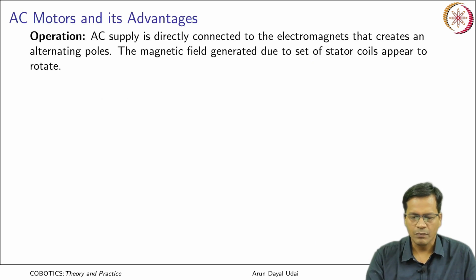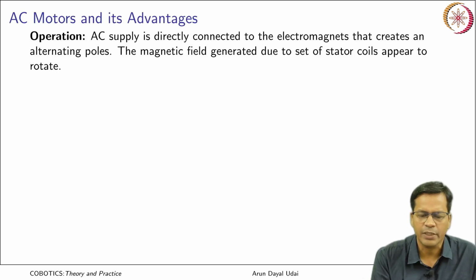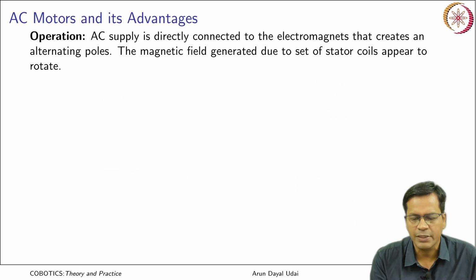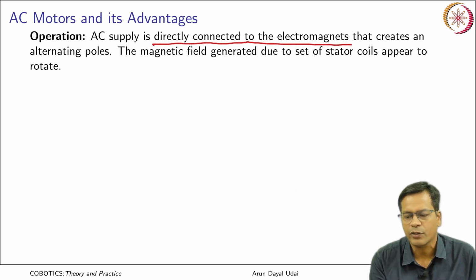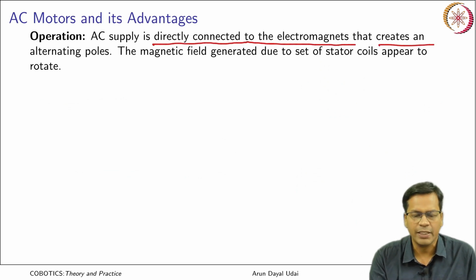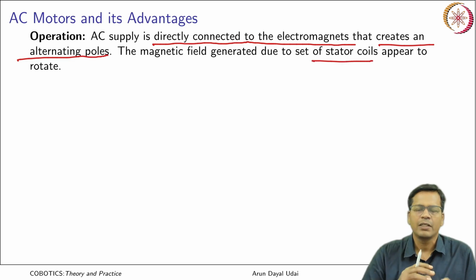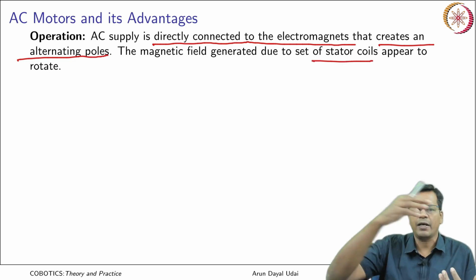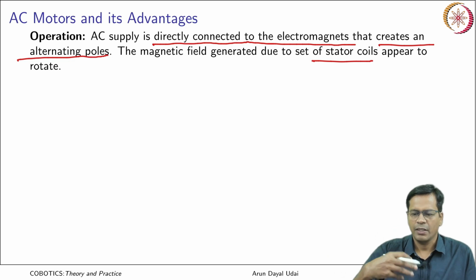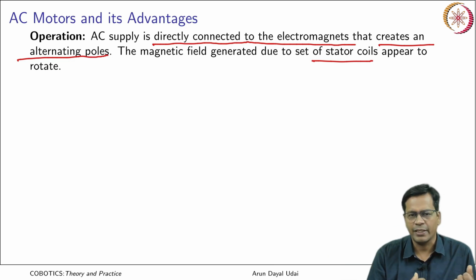Now the operation goes as follows: AC supply is directly connected to the electromagnets that creates alternating poles. The magnetic field is generated due to the set of stator coils. Again, over here the stator coils are outside, and your rotor, which has permanent magnets, lies inside.